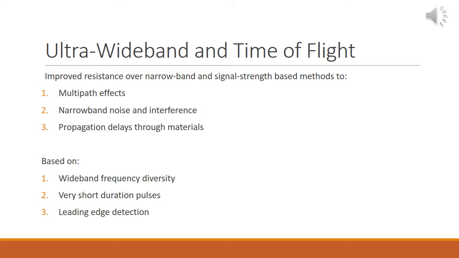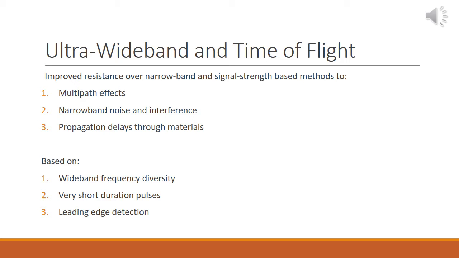Some of the reasons why it's resistant to multipath effects is because it's a very short duration pulse, so they're less likely to converge and interfere constructively or destructively with each other. And it's a wideband frequency diversity, so the narrowband noise and interference sources are less likely to interfere with all of the frequencies that are associated with UWB.